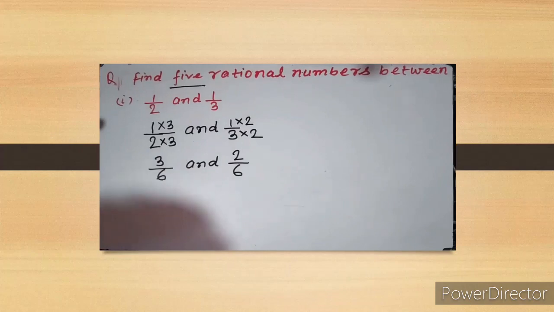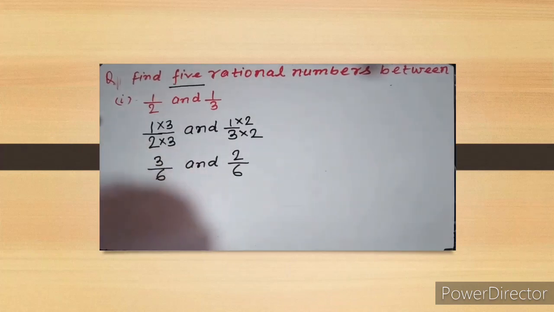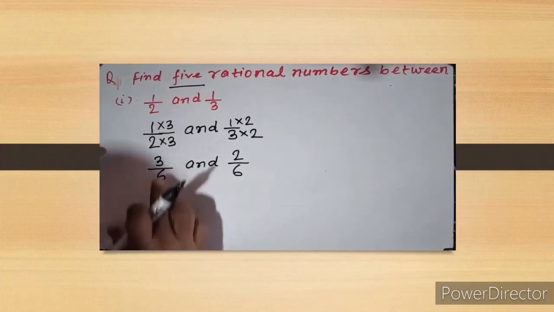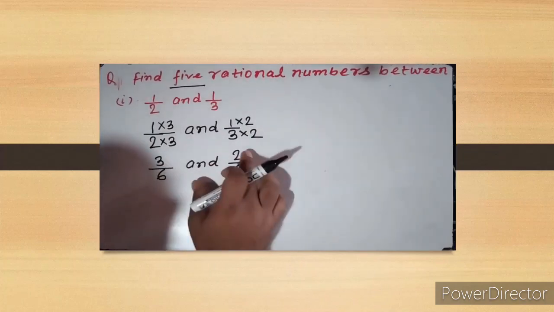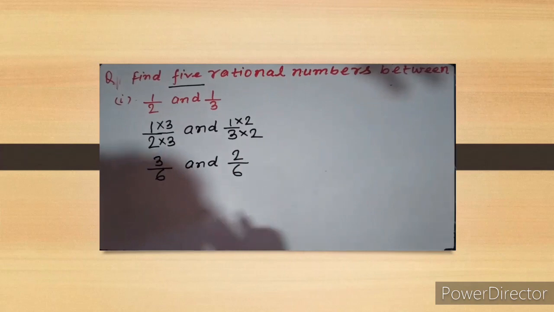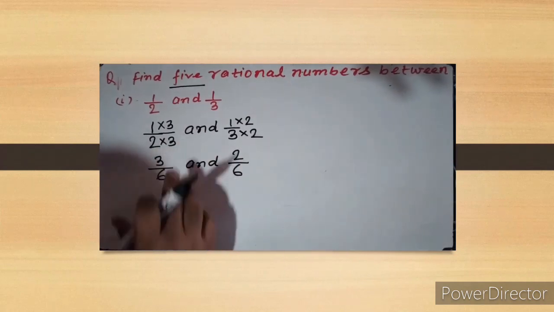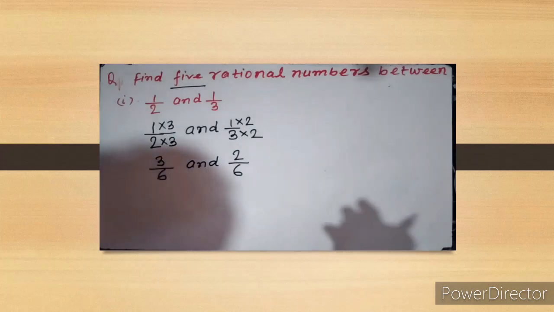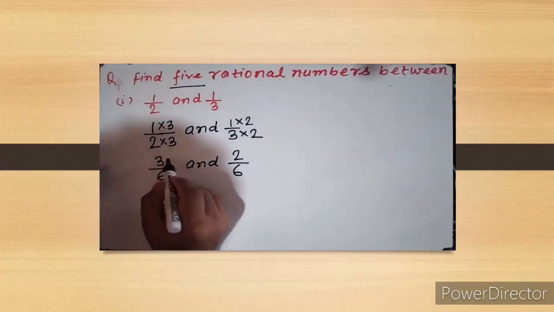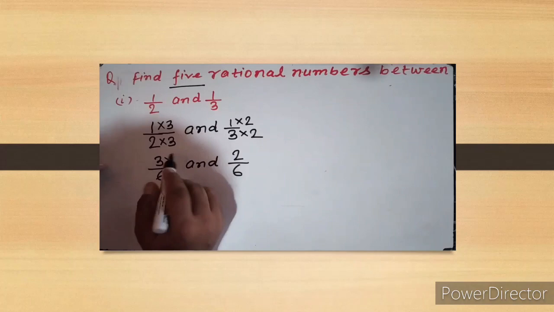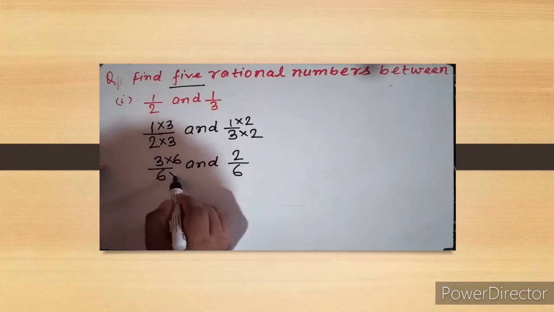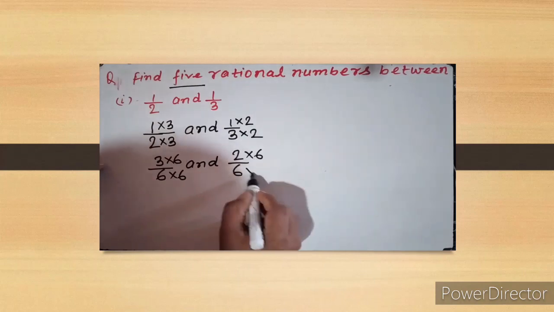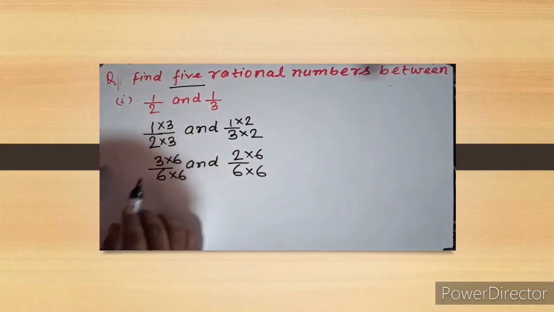If in the question it is to find 4 rational numbers, then you will multiply the numerator and denominator of both rational numbers by 5. Here you have to find 5 rational numbers. So ahead of 5 is what? 6. So you will multiply this numerator and denominator by 6. This one also by 6. This one also by 6.